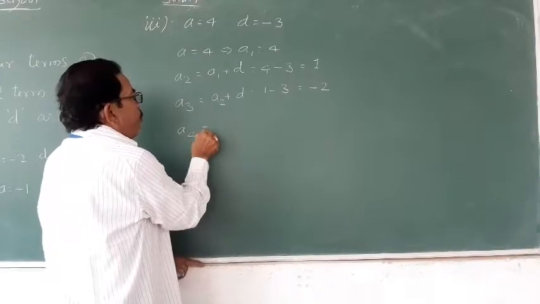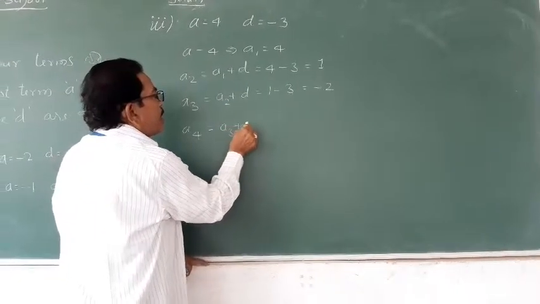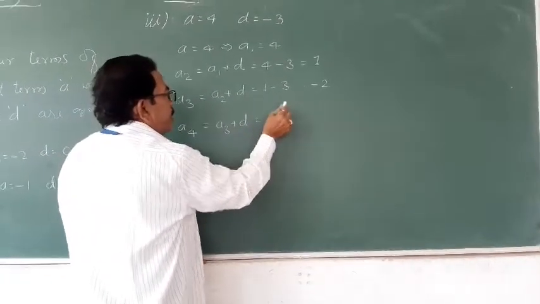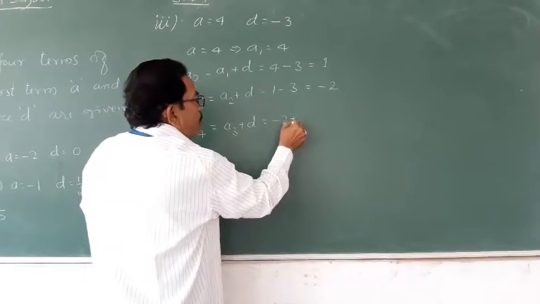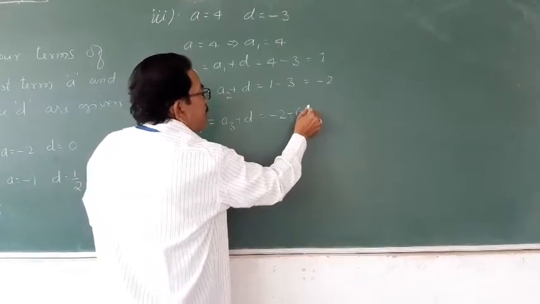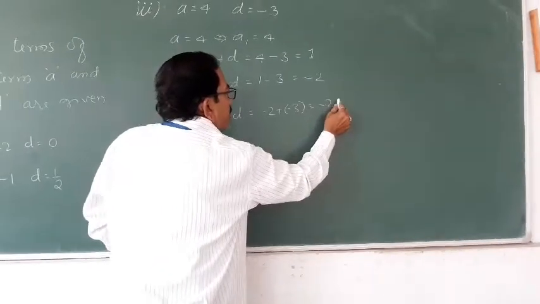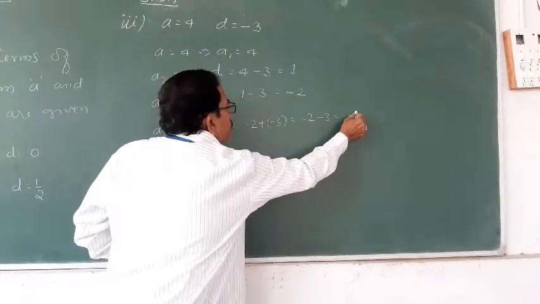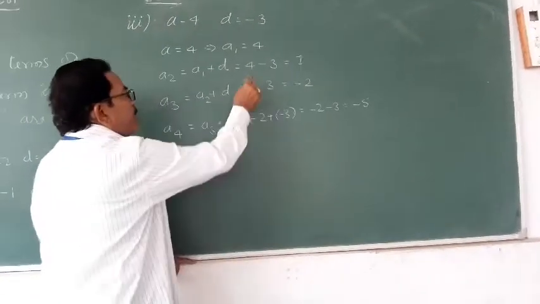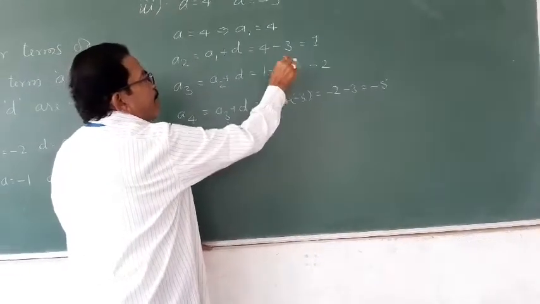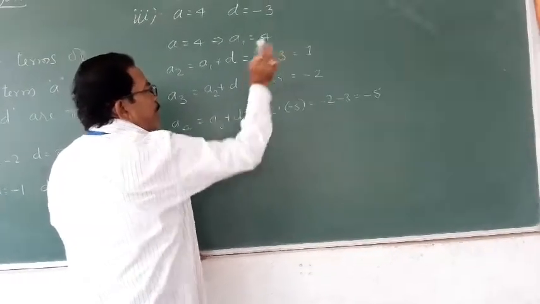Then A4 is A3 plus D, that is A3 is minus 2 plus (minus 3), that is minus 2 minus 3, that is equal to minus 5. Here also you can keep plus in the bracket, minus 3.